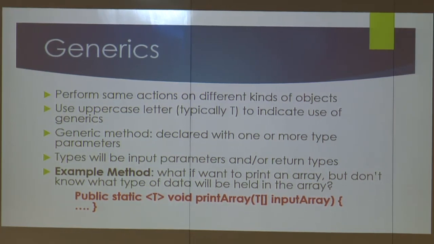So you can see you have that T in angled brackets, and then in the actual parameter list in parentheses, we have T and then brackets to show that it's going to be an input array, but we don't know what type it is. So where we would normally say something like int and then brackets, or string and then brackets, we just have T and then brackets to show that it's just kind of like a generic array. It could be any type.